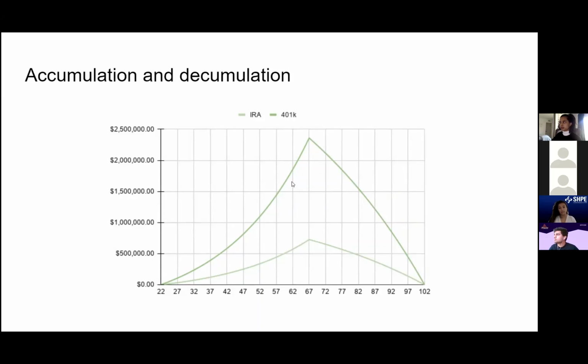So you're saving, and then you retire when you're 67, and then you're spending down according to this rule I gave you earlier. The idea is that you're spending down your portfolio, but you're doing it in a way such that you won't run out of money.